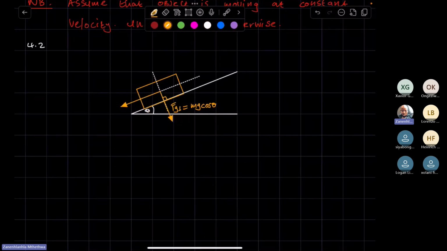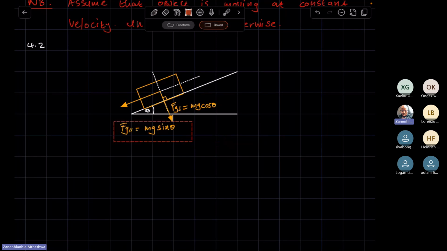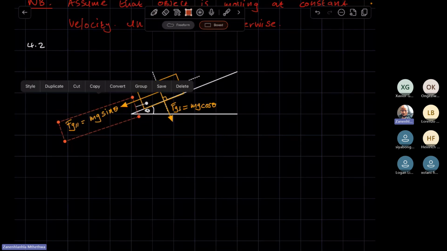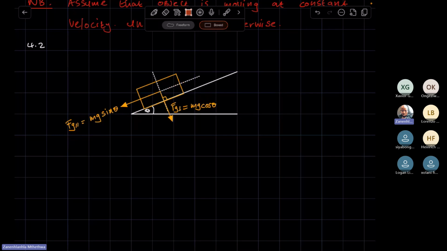And then of course you have one that is parallel with the plane. That's mg sine theta. And then of course we get the normal force, which is a contact force.